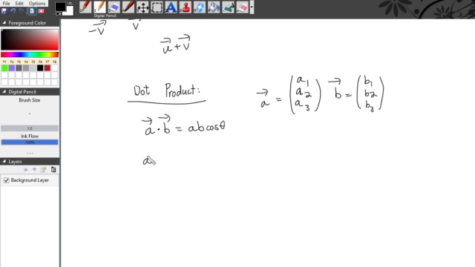So A dot B is really just equal to A1 B1 plus A2 B2 plus A3 B3. Boom. So that is the dot product, just as an example.